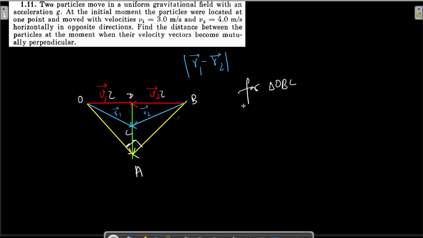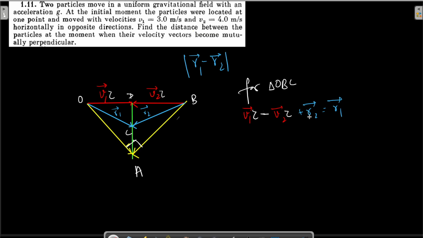For triangle OBC, v1 vector tau minus, because now the vector is in a different direction, v2 vector tau, plus r2 vector should be equal to r1 vector.